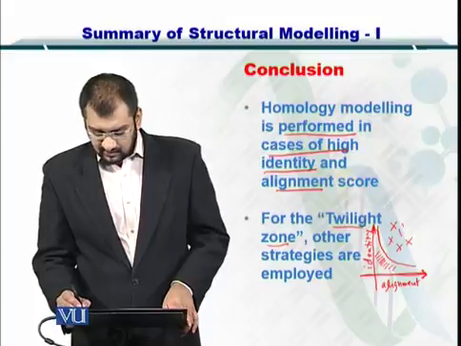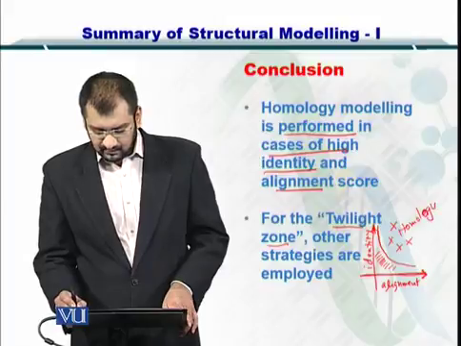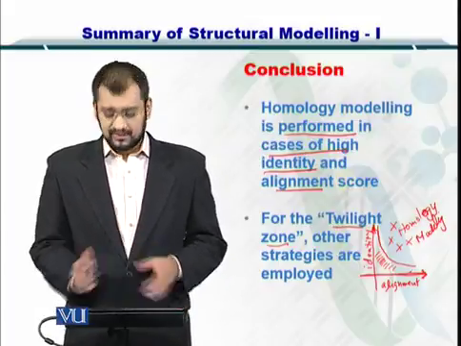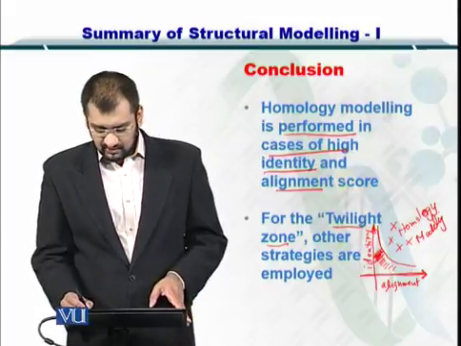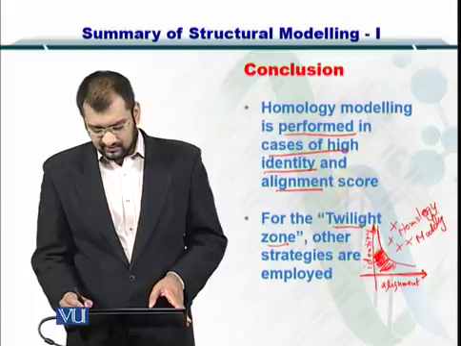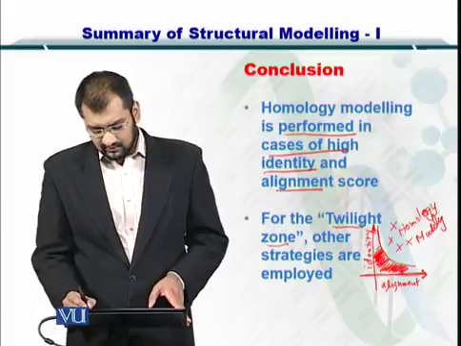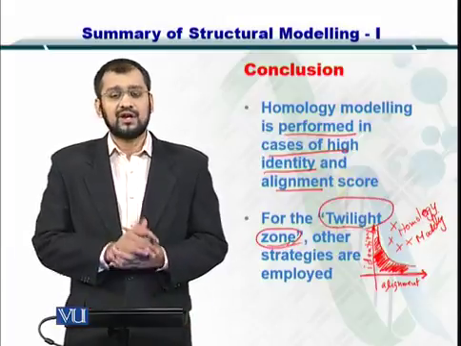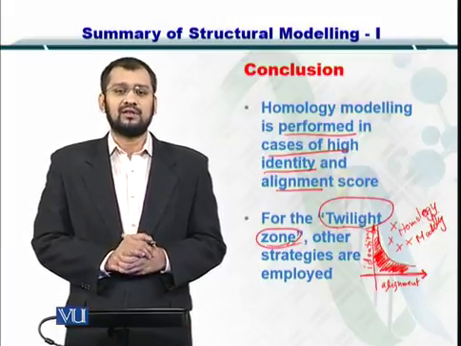So this is the homology modeling area. But for the region that is on the other side of the graph, that is this portion, which is also called the twilight zone, you have some other strategies that we will discuss in the later modules.